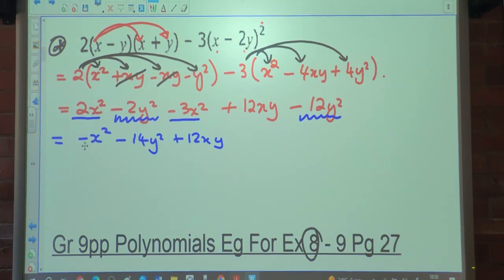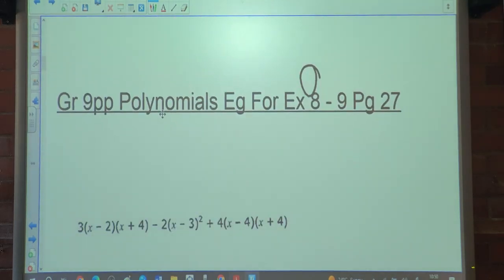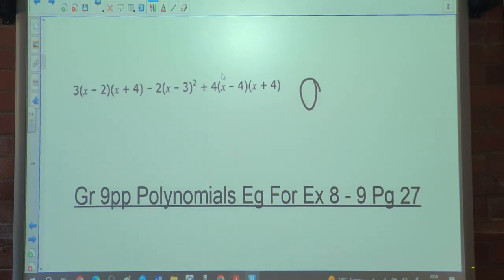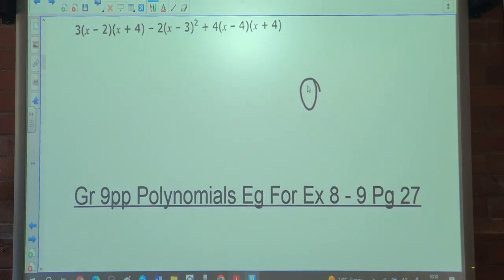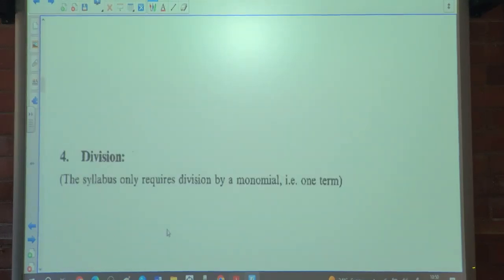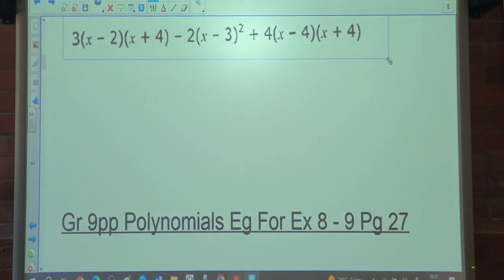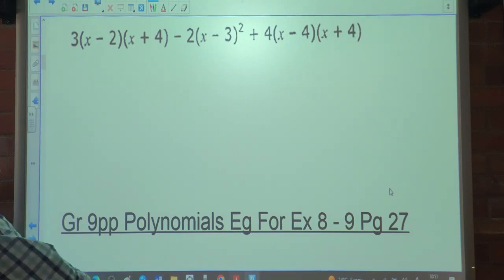Easy. Okay, let's try and challenge you more. There's a second of the examples that I took from another textbook, basically the last one taken from another textbook.